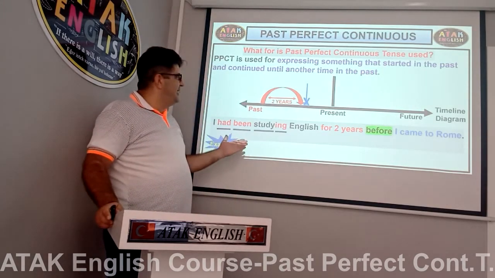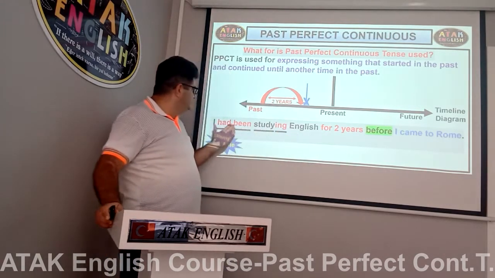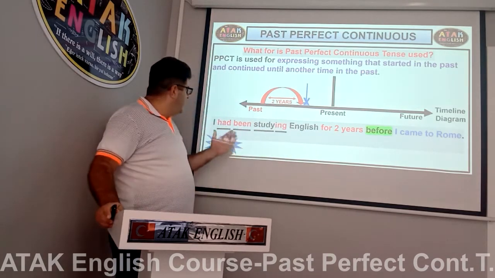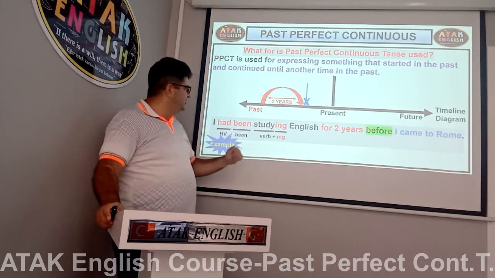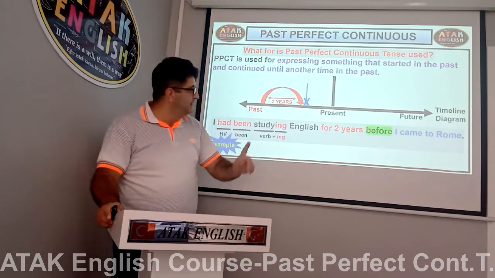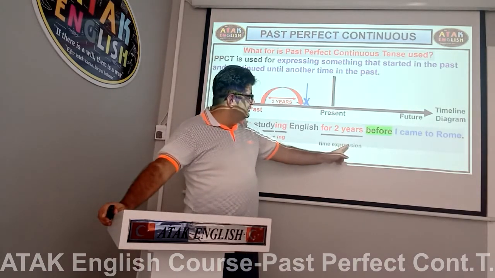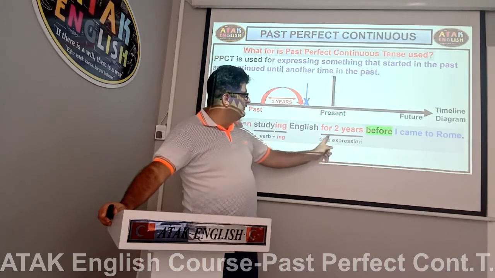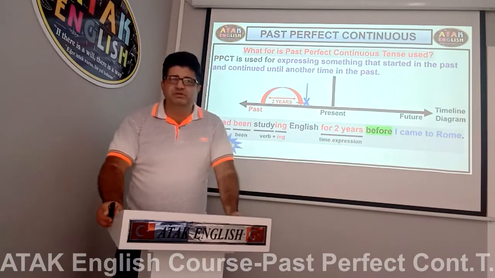How can I understand that this sentence is in past perfect continuous? Had, been, verb plus ing. Plus, as you can see, there's a time expression used with for. It could have been with since as well.